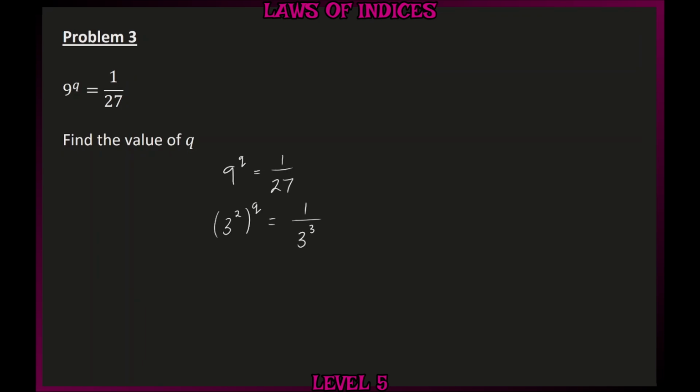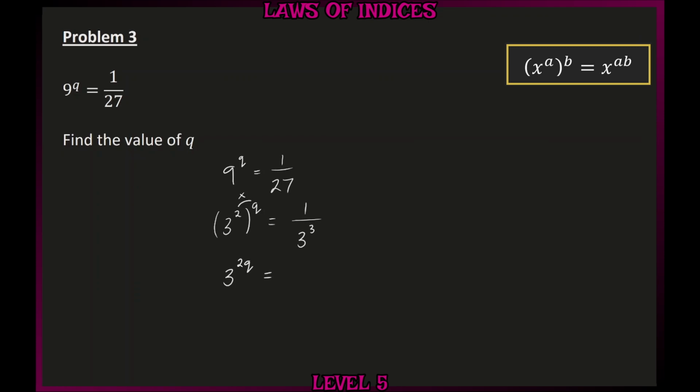Looking at the left-hand side, we're raising powers to powers, so we can use this law, which tells us that to simplify expressions like those on the left-hand side, we can multiply the powers together. Since 2 times q is 2q, the left-hand side of our equation becomes 3 to the power of 2q.